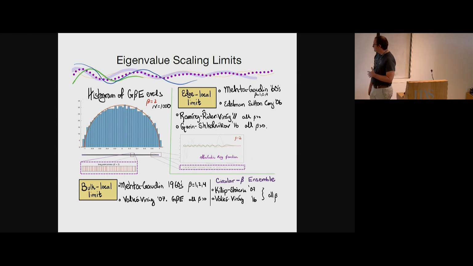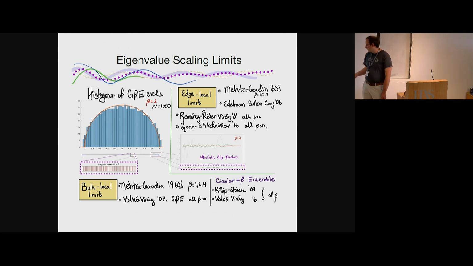Just to orient ourselves, in the scaling that I'm doing, the semicircle is going to be on -1, 1. And in this picture, there are known scaling limits for the point processes of eigenvalues, local scaling limits. There's two that you can extract from here, and one is when you look in the bulk, and then you get this sine process. And for beta 1, 2, and 4, as we've heard, it came very early, using determinantal and Pfaffian structure.